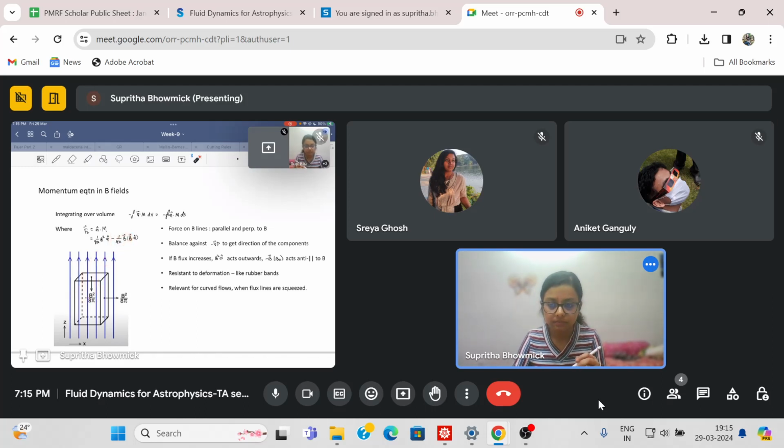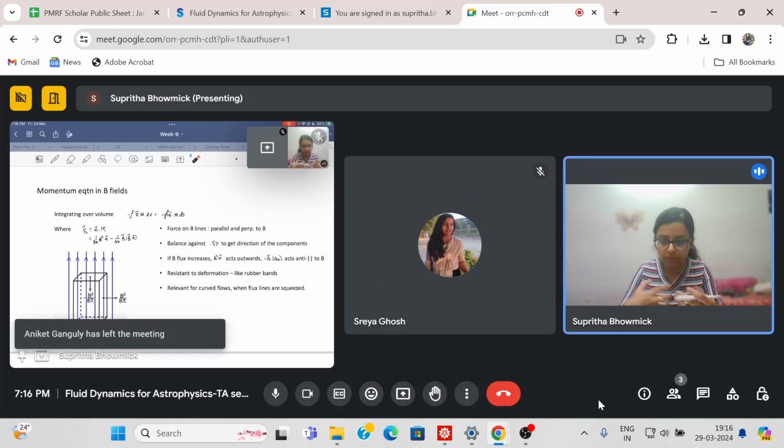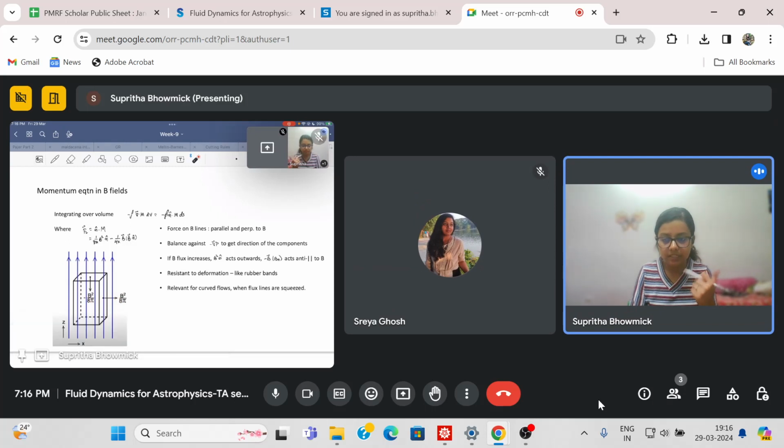Okay. So what does this tell you? That it's resistant to deformation. If you try to squeeze the volume element, if you try to squeeze the magnetic field lines together, if you try to increase the magnetic flux, what will happen is it will push you out. It's resistant to deformation.